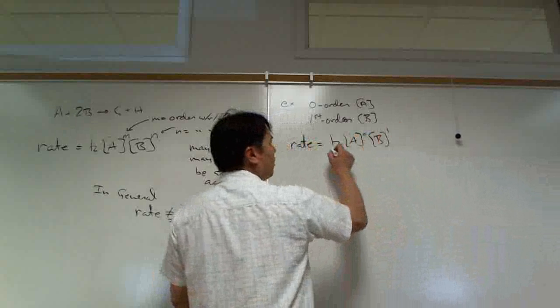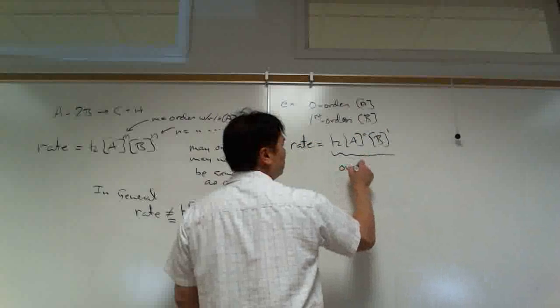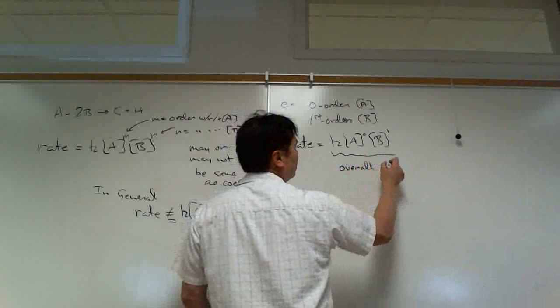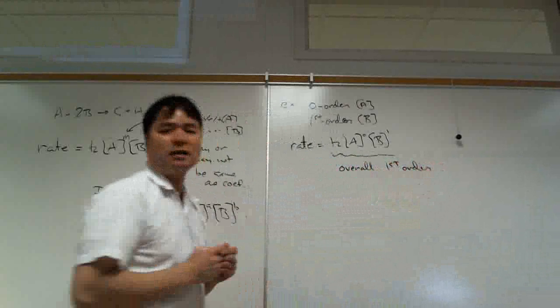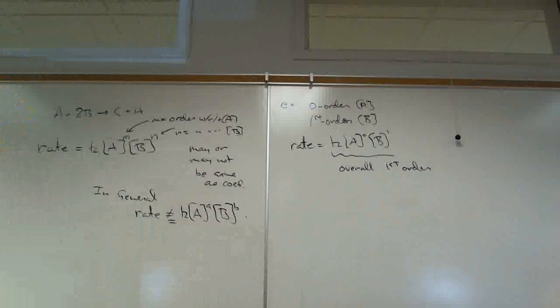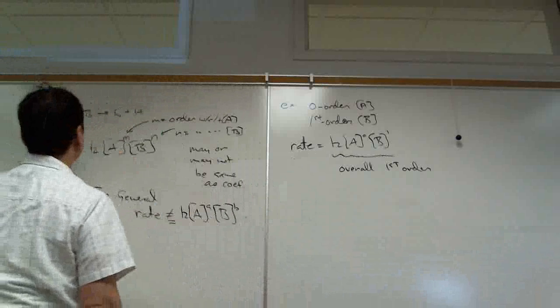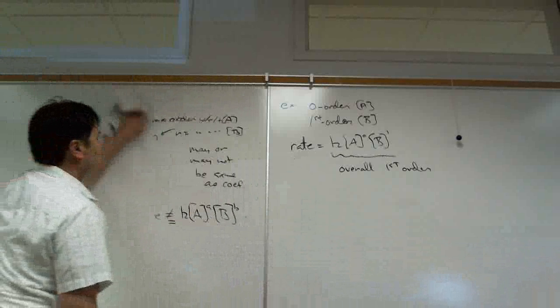And overall, what's the order? Overall, this is first order. And so what would a plot of A look like? And what would a plot of B look like?